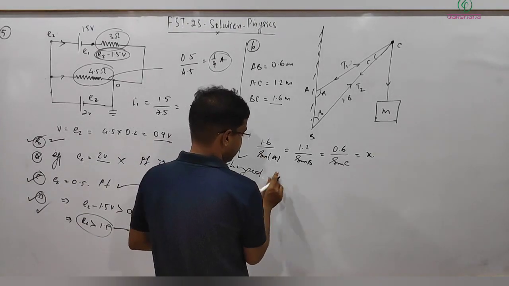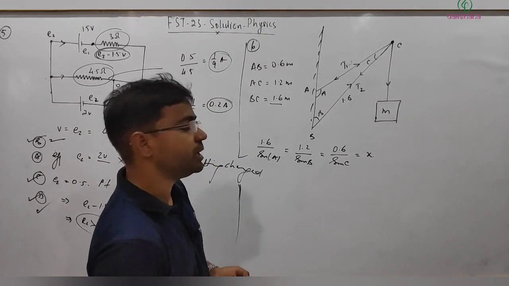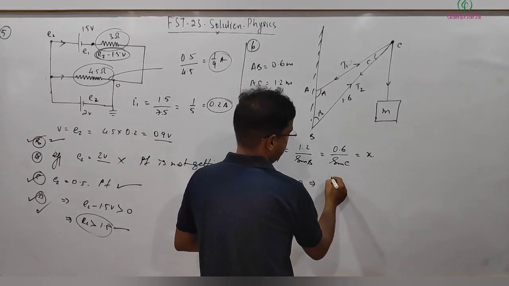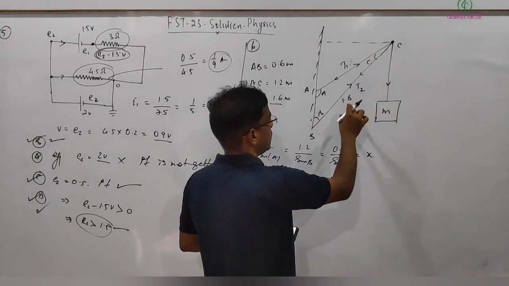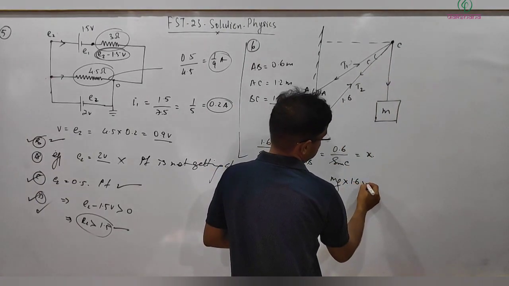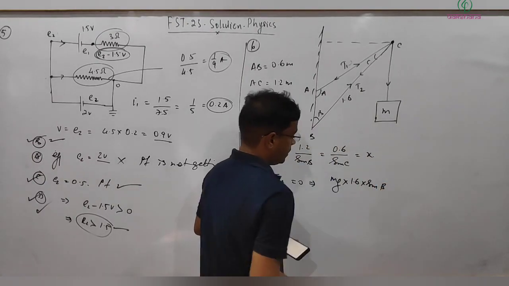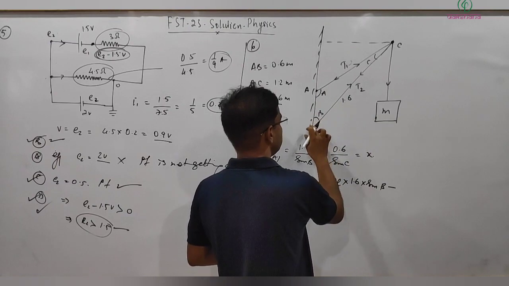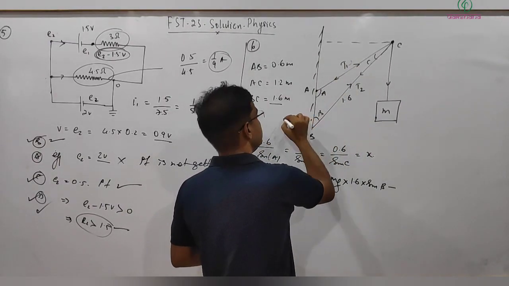For that we can go with net torque, because the system is in equilibrium. So I can write torque about A must be 0, and this implies mg into this distance. This distance is equal to what? It's 1.6 into sine of B, minus, because I am talking about torque about A, due to T1 there is no torque, and due to T2 there will be some torque.